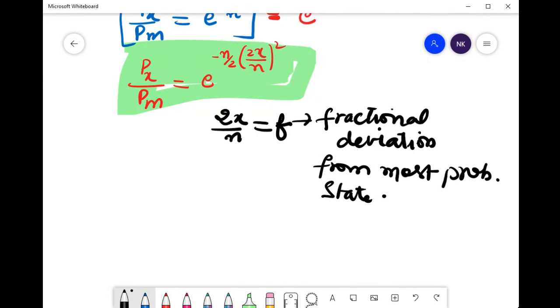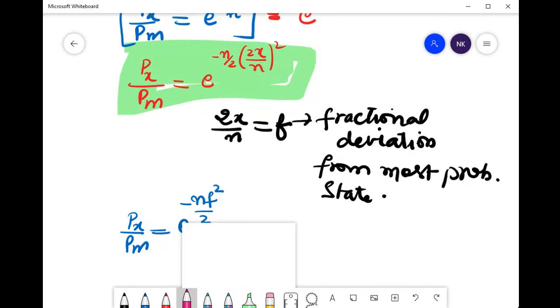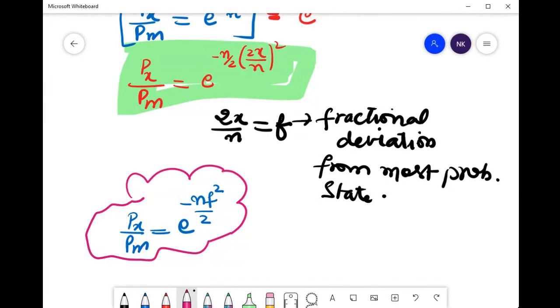Okay, so I can write this term as px upon pm is equal to e raised to the power minus nf square upon 2. This is the final term.